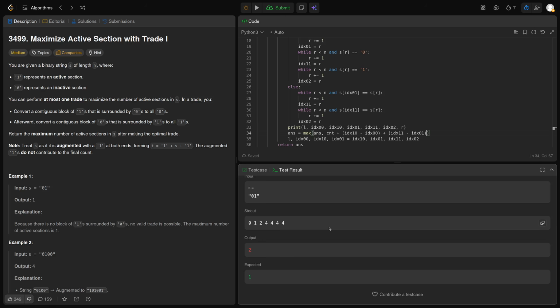A block of ones is surrounded by zeros to all zeros, so I mean this is not surrounded, so what do we do? Great question.